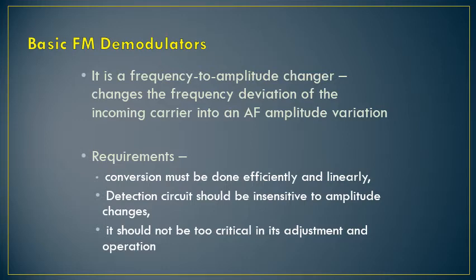The demodulator circuit should take care that amplitude changes do not affect the conversion process from FM to AM. The circuit that we are going to use should not be too critical for adjustment. You will see this when we learn the circuit and its operation. Whatever circuit we use should be simple in adjustment and operation.